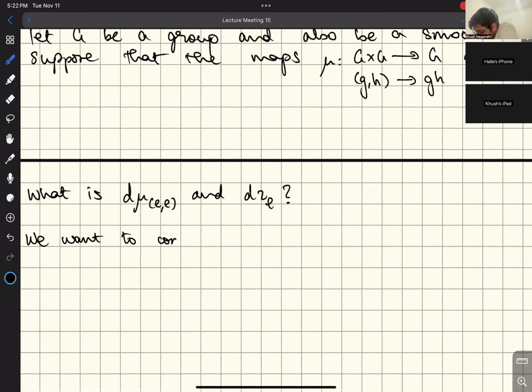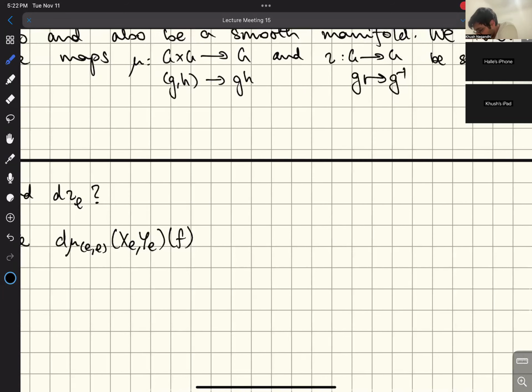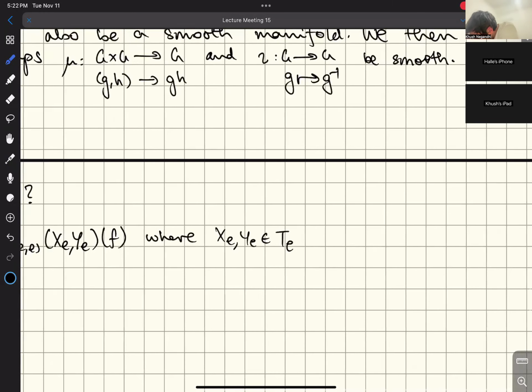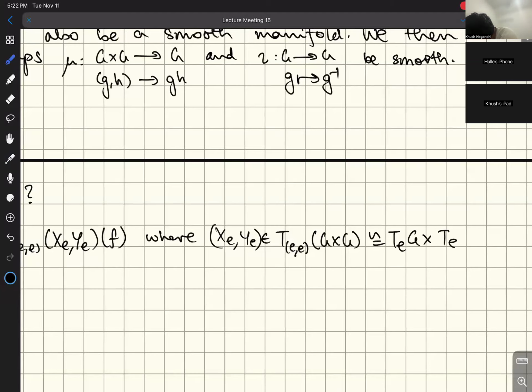We want to compute d mu at e of (x_e, y_e) on some function f, where x_e, y_e come from the tangent space. Another thing you have to check is that the tangent space of the product is just the product of the tangent spaces. If you want, it's the direct sum of the two tangent spaces.